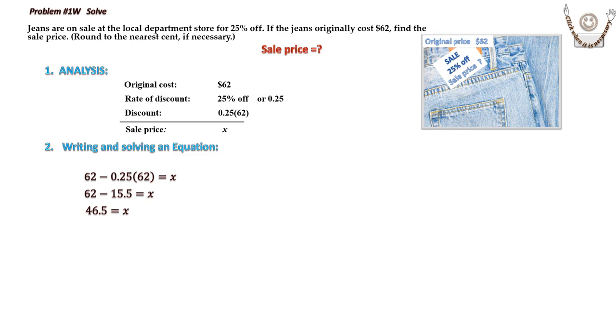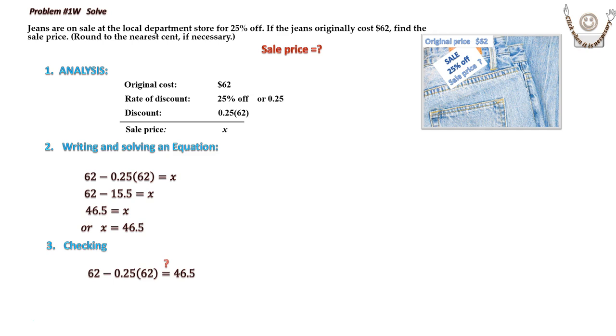So x is 46.5. We want to be sure that our equation was correct and our solution was correct. This is why step number 3, checking. We have to replace x in our original equation by 46.5 and check, is the left side equal to the right side or not.